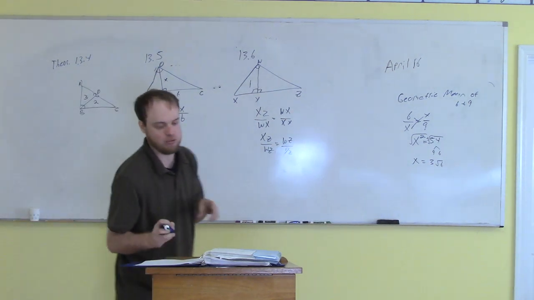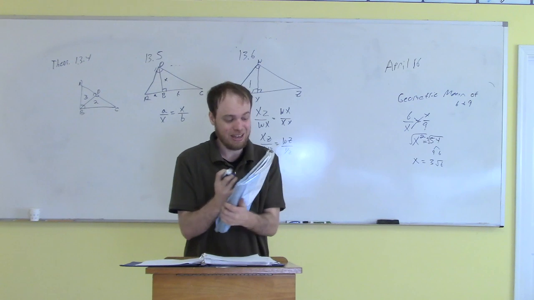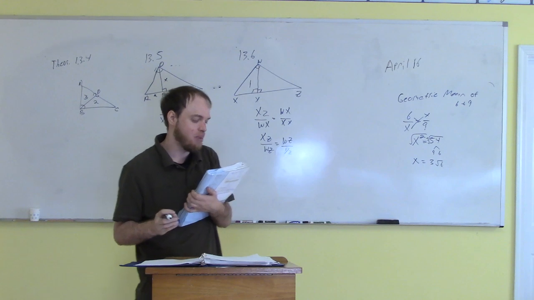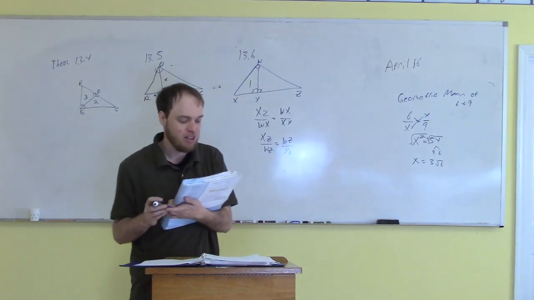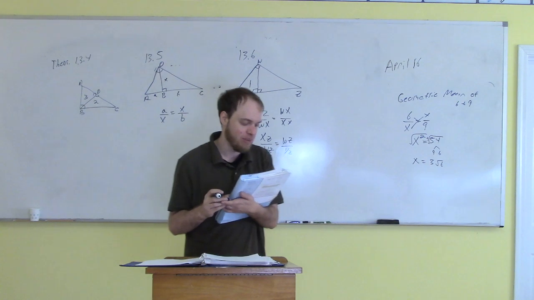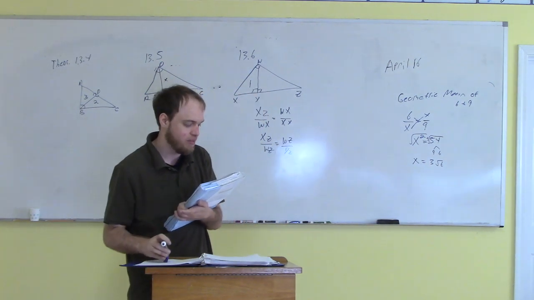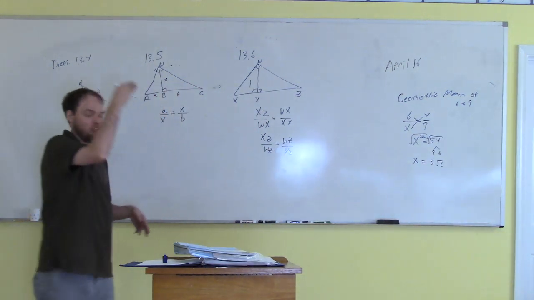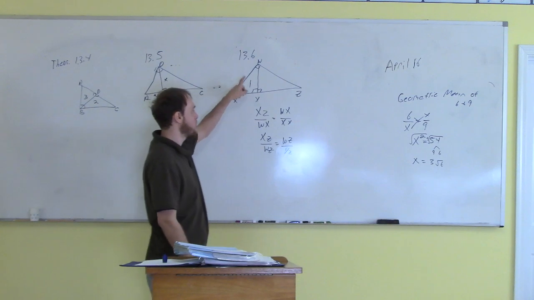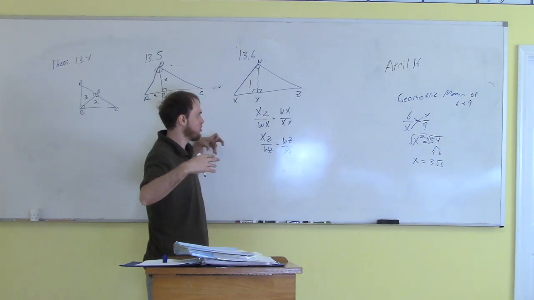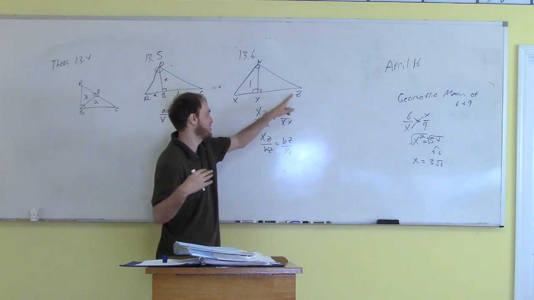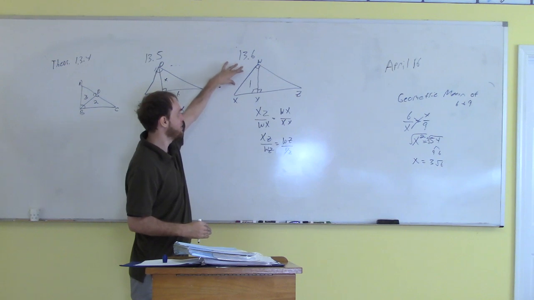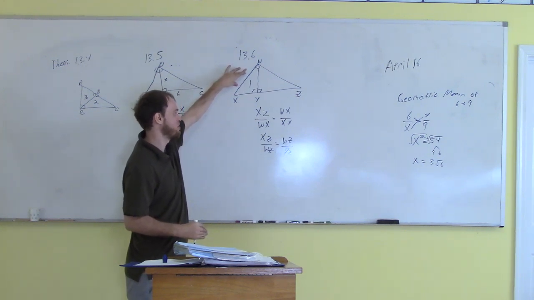The one I skipped to that I was trying to do, got ahead of myself with, is theorem 13.6, which says in a right triangle, the altitude to the hypotenuse divides the hypotenuse into two segments such that the length of the leg is the geometric mean between the hypotenuse and the segment of the hypotenuse adjacent to the leg. And so all that is saying is, again, we drop the altitude down, and so you have the hypotenuse of the big triangle that we started with, which is xz, and then the hypotenuse of the smaller triangle here, which is wx.